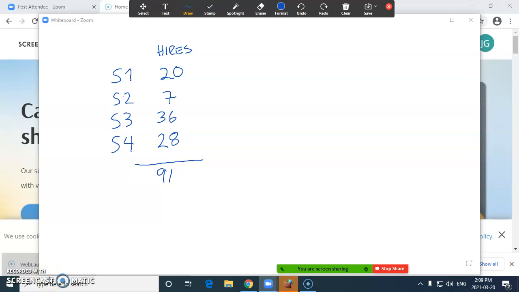To figure out the impact if we increase one of them by 15%, the first thing we need to do is figure out how much they represent right now. So, to figure that out, I need to go 20 divided by 91 times 100.